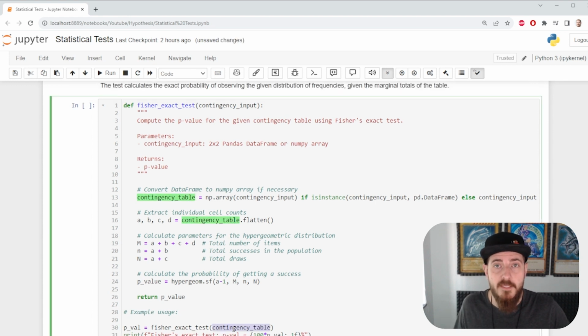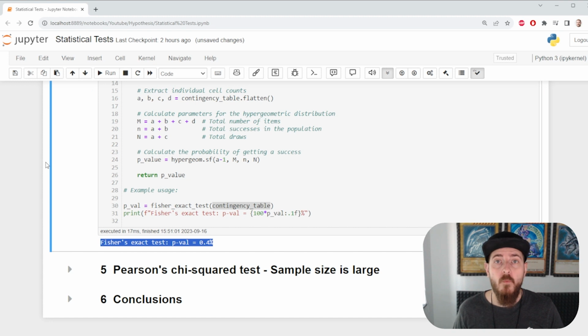Our function takes the contingency table as input, and bam, we're a long way from 5%. We can confidently state that our variant significantly overperformed our control group. The change we introduced has a statistically significant impact on our game. And in this case, it's positive.